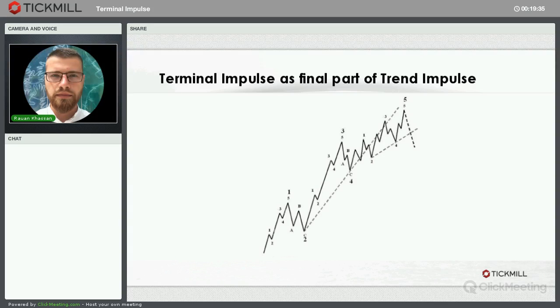As you remember, in the original theory, which is applied for terminal impulse, the signal line 2-4 should not be crossed until the wave structure is completed. In the case of terminal impulse as final part of trend impulse, this move is even welcomed.